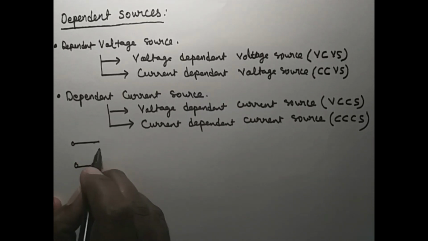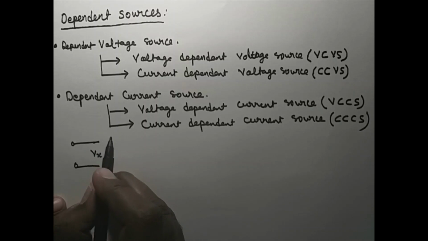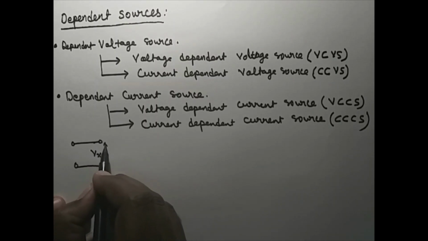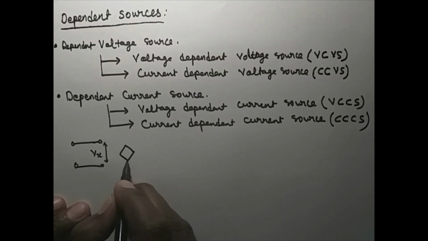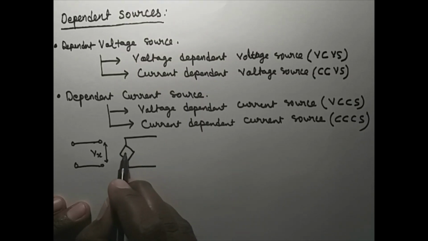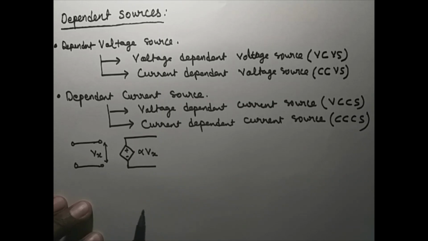This is the voltage Vx on which the output of the dependent voltage source depends. So the symbol for the voltage dependent voltage source will be like this, and the voltage value of this dependent voltage source will be alpha into Vx.